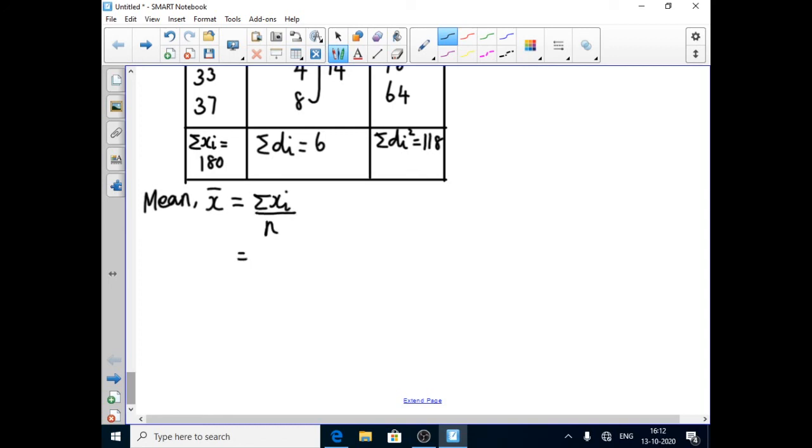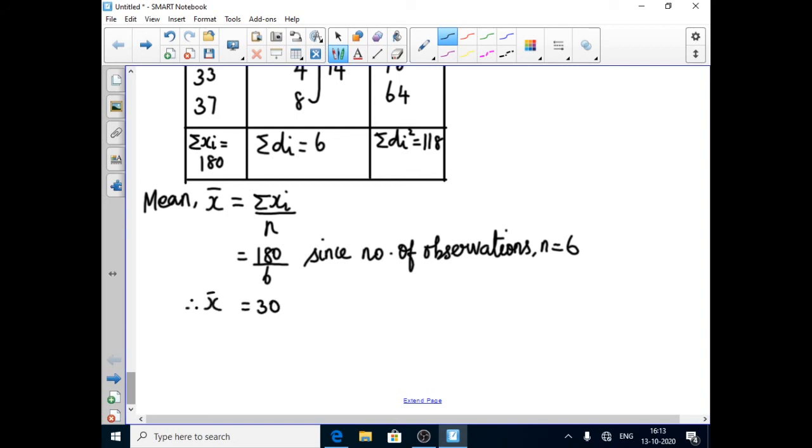Here the number of observations is given as 6, so you write it as 180 by 6, since n equal to 6. That is equal to 30. Therefore x bar equal to 30.